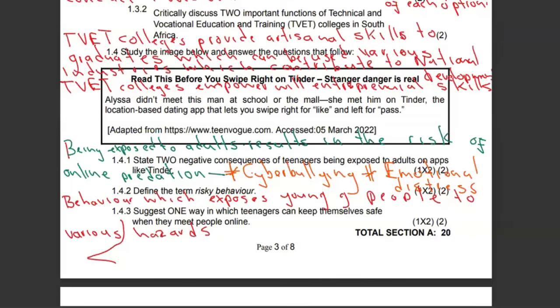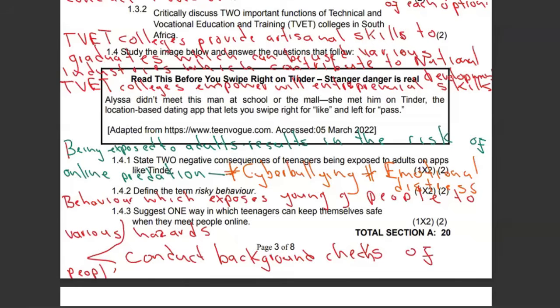They can conduct background checks of people whom they meet online.